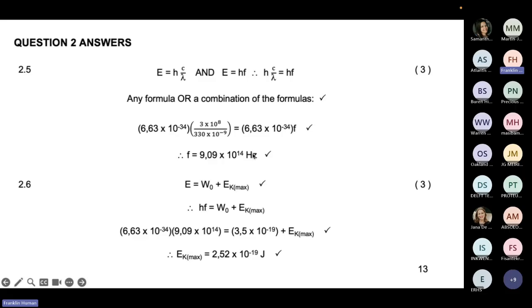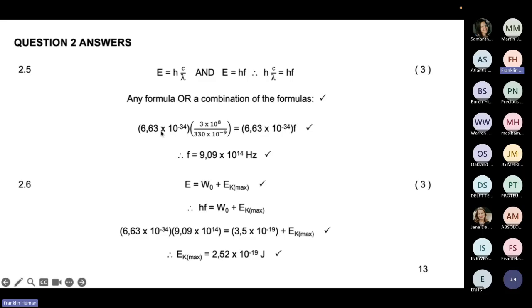Okay. So again, what makes it easy to answer this question is that the speed of light is a constant, which is 3 times 10 to the power 8 meters per second, and Planck's constant is 6.63 times 10 to the power negative 34. Now, remember, both of these constants are given on your data sheet in your physical sciences exam, the information right at the back of your question paper.